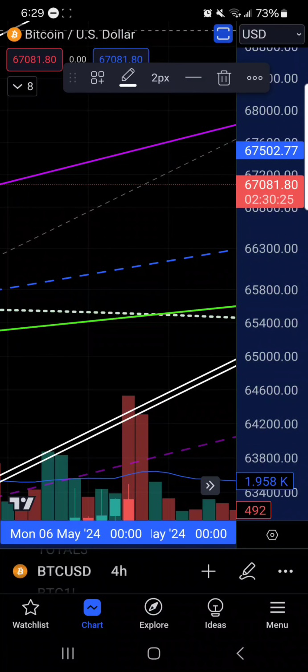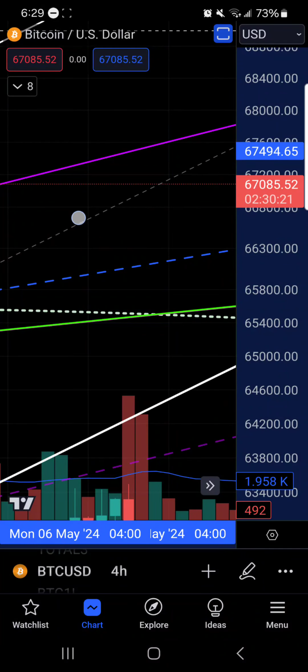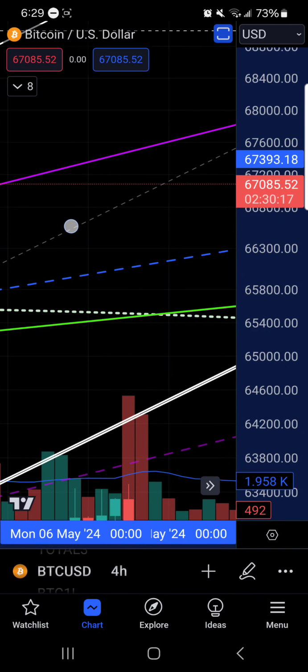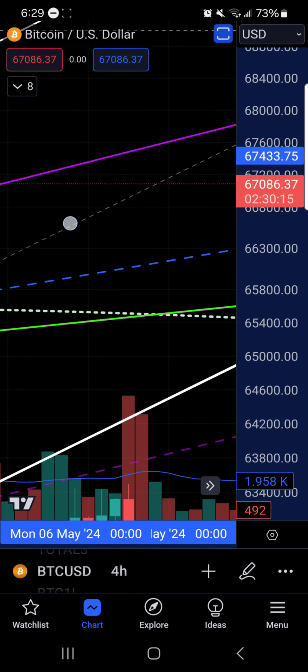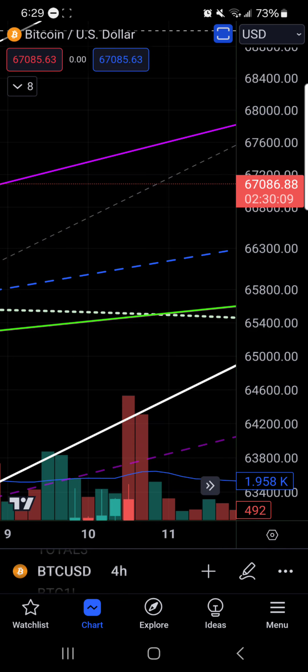Stop doing that. There we go. You can see it switched to 4, so we want to go back one, and there we go. Close enough for now.